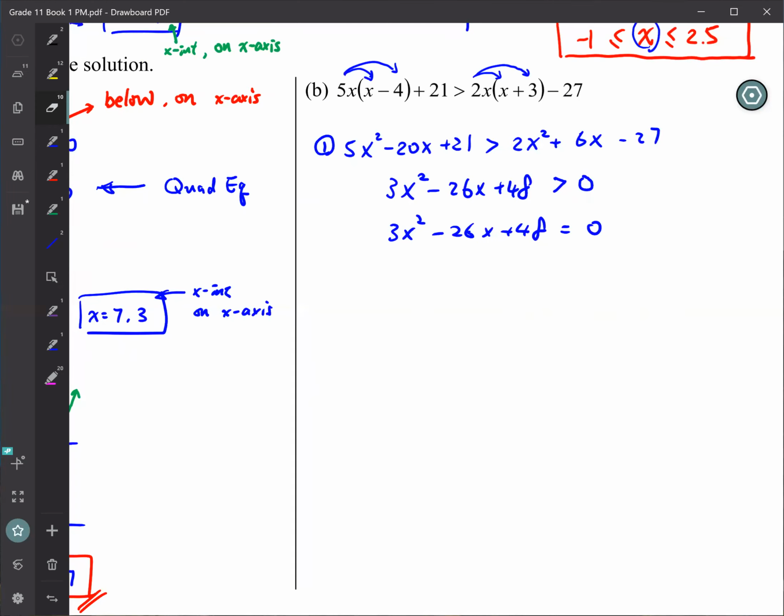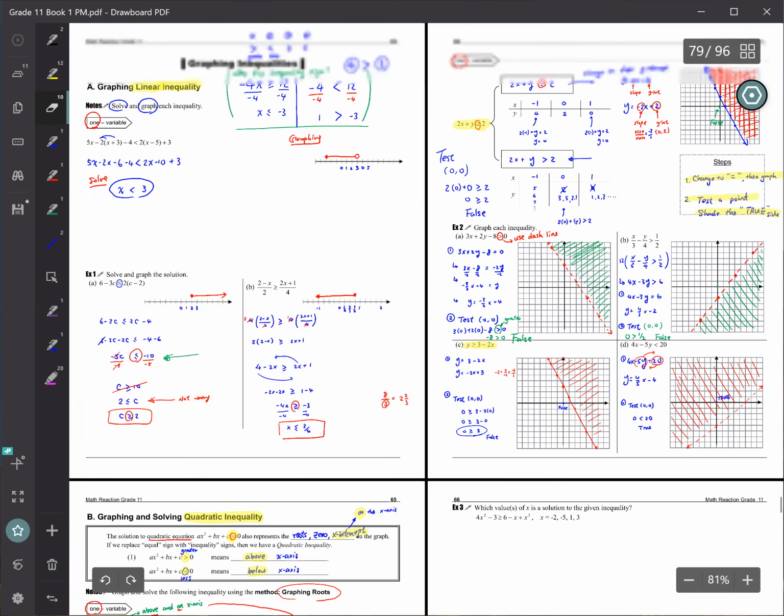Yeah, Waylon, is this one factorable? Oh yeah, it's factorable. Okay. So you guys keep on trying, okay? Waylon says it's factorable.